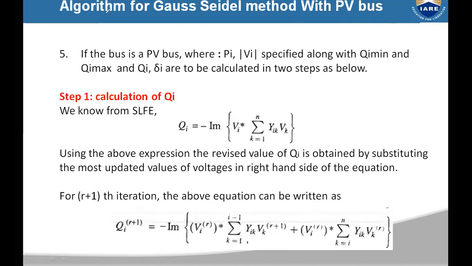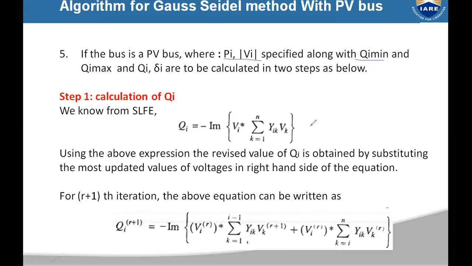Okay, so after finding the Qi, you have to check whether this calculated Qi is within our specified limits or not. At PV buses, along with this Pi and Vi, Qi minimum and Qi maximum values are also specified.